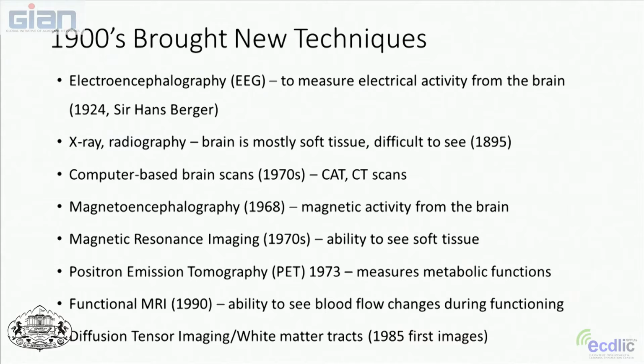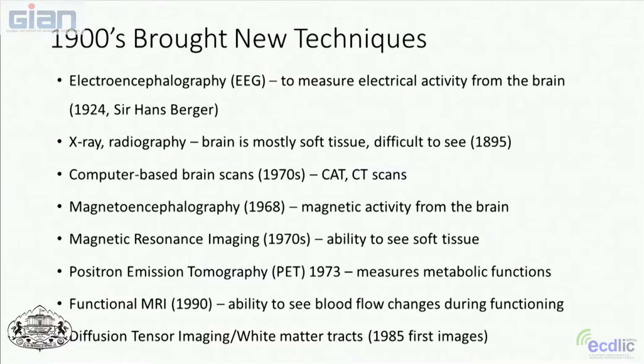X-rays are wonderful for seeing a lot of anatomical tissue in the body. Unfortunately, soft tissue is not one of the strengths of X-rays, so it's still difficult to see the brain tissue with X-rays. And of course, CAT scans are sort of a 3D reconstruction of X-rays. We're going to talk about both of those a little bit today.